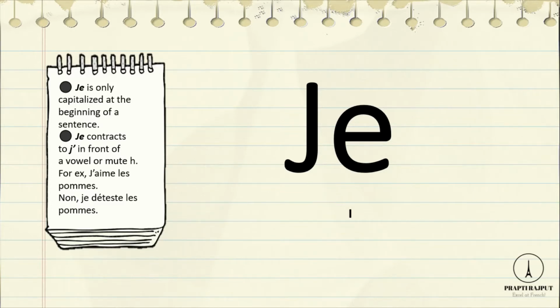Unlike in English, we do not capitalize the J of je if it's present in the middle of a sentence. Secondly, je contracts to J apostrophe in front of a vowel or a muted H. We'll study this later in our other videos. For now, you just need to know that I means je in French.